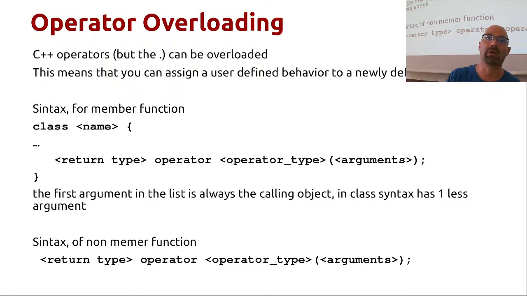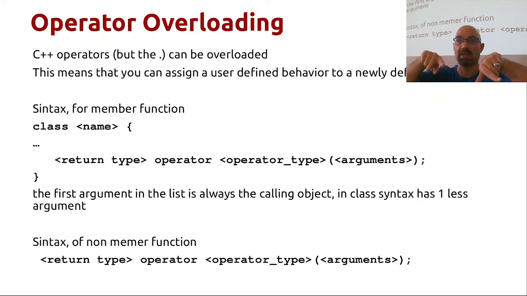Now, if you are overriding an operator inside the class, like we have done before with operator equals, we were inside a class scope, so the first argument of the operator is assumed to be the object of the class that you're writing in.